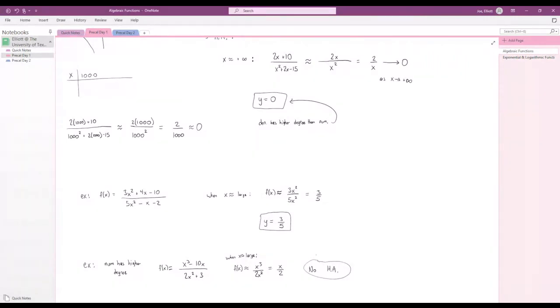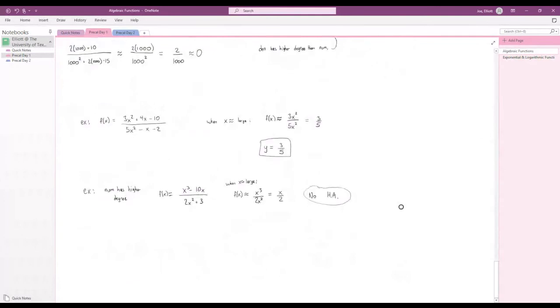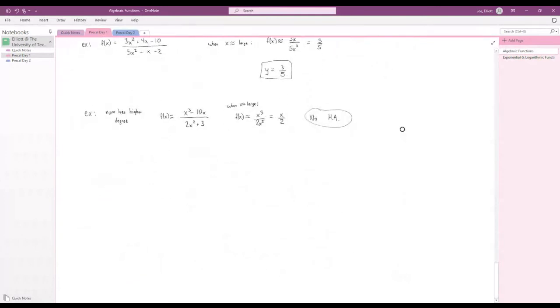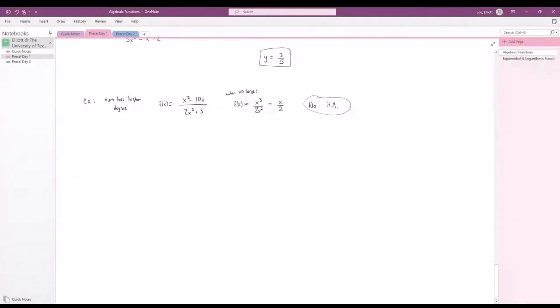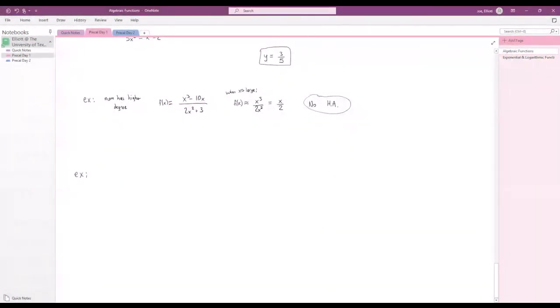So that's all I wanted to do with rational functions for today. I'm going to do a couple more examples. Sure, okay. Let me try to do an example involving a square root.